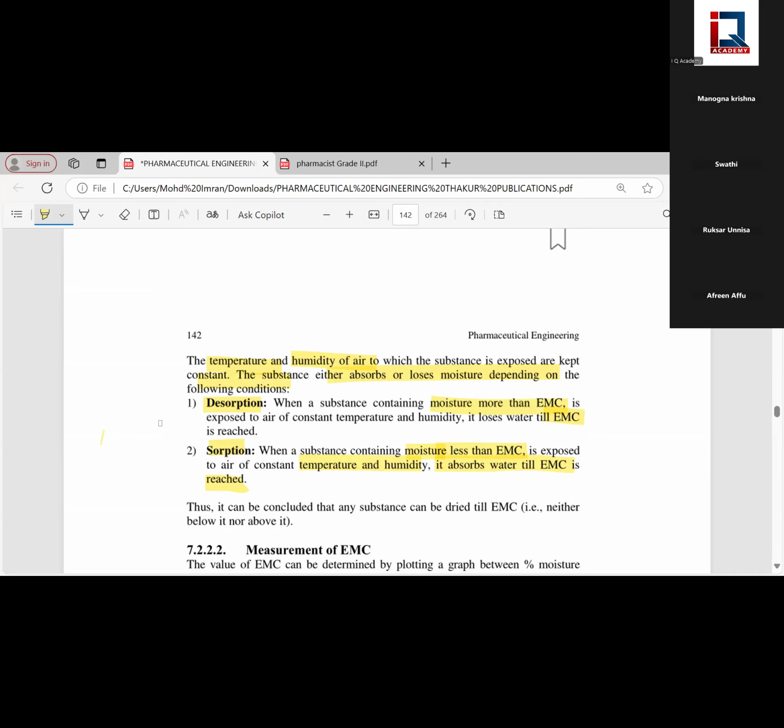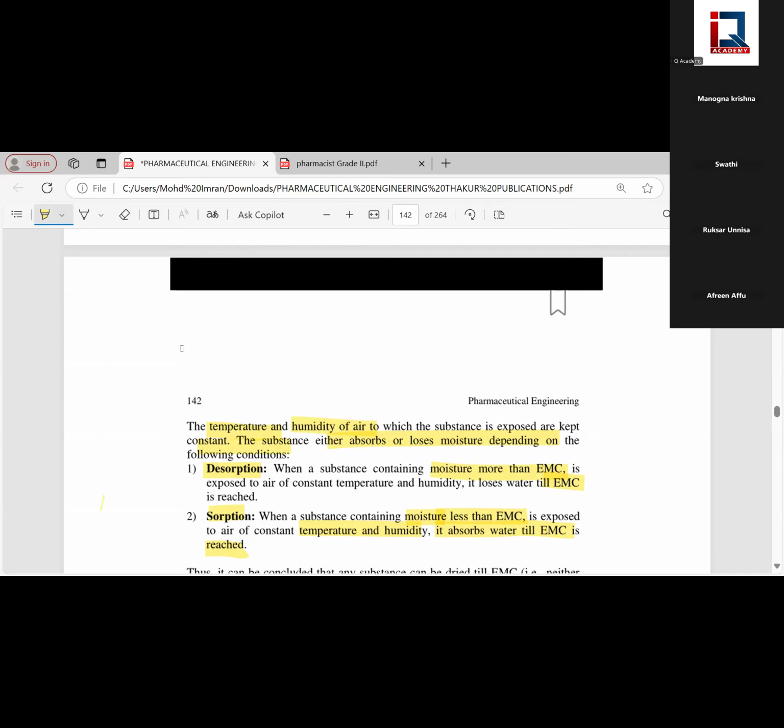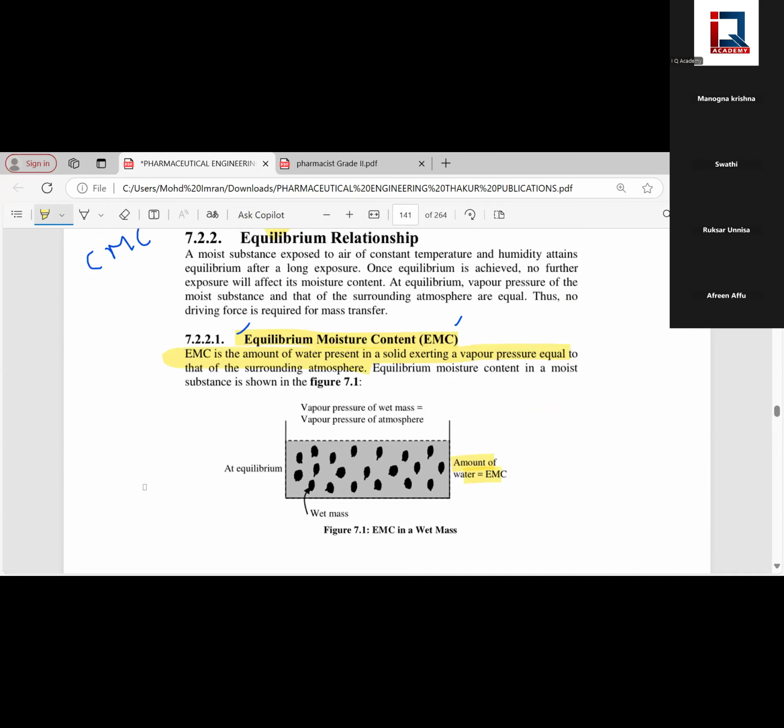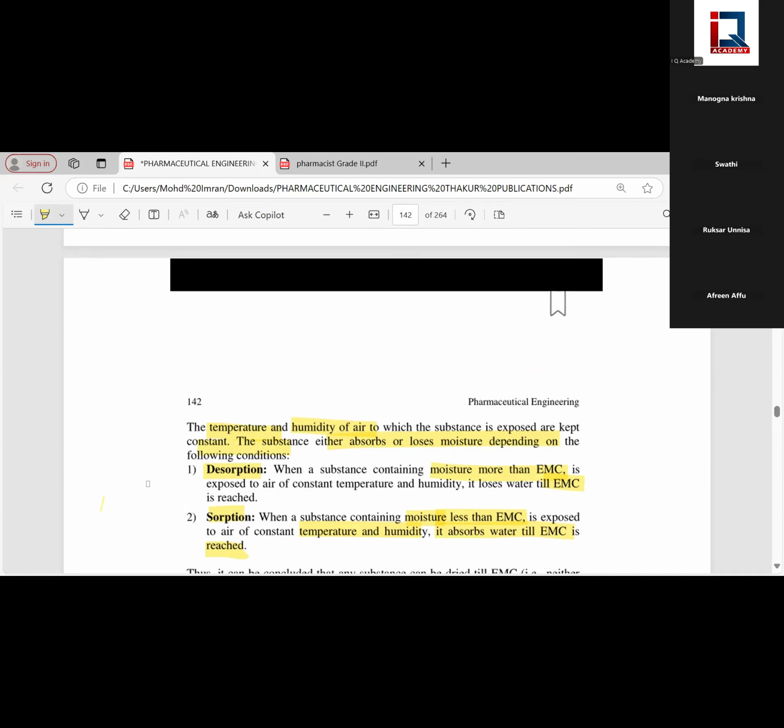In desorption, you are drying it to remove the excess moisture and making it equal to EMC. And in sorption, you are allowing it to absorb the moisture until it becomes equal to EMC. So that's the major difference between desorption and sorption.